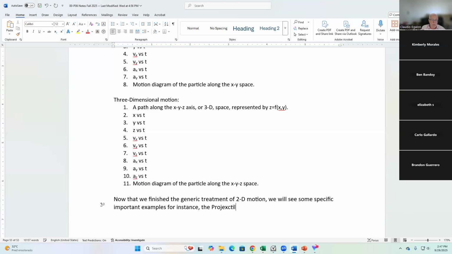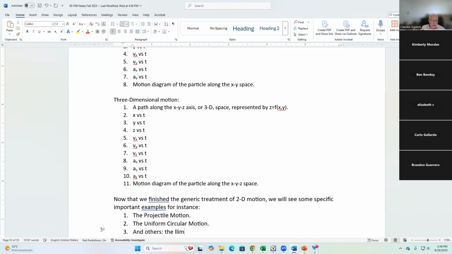Specific important examples, for instance, the projectile motion and later on the uniform circular motion, and others.